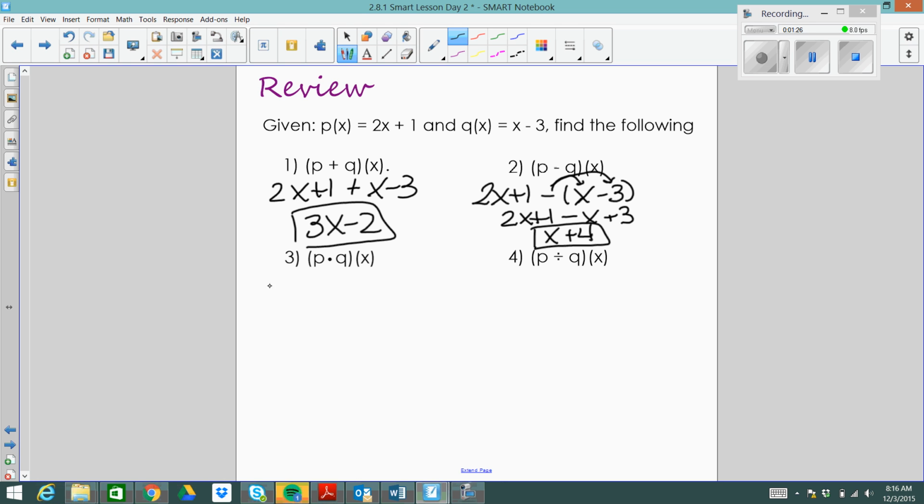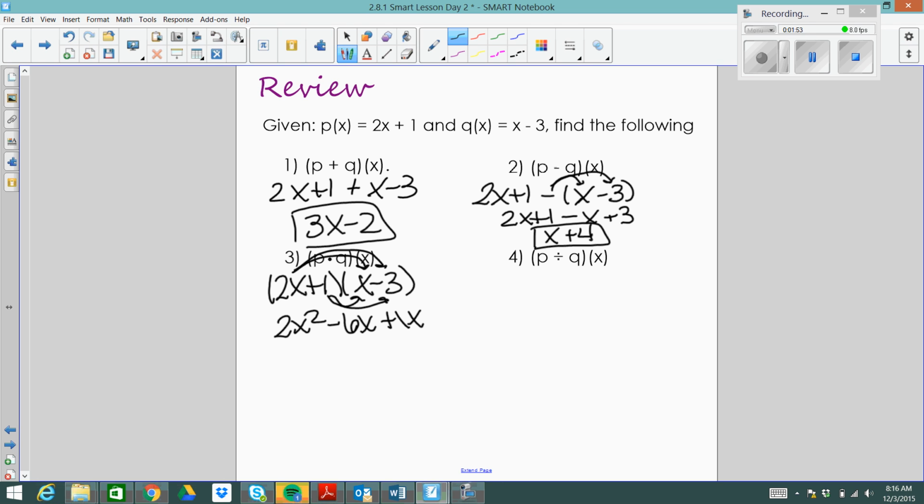P times q of x means p of x times q of x. And again in parentheses because I want all of p of x times all of q of x. So I'm going to distribute: 2x times x gives me 2x squared. 2x times negative 3 gives me negative 6x. 1 times x gives me positive 1x.